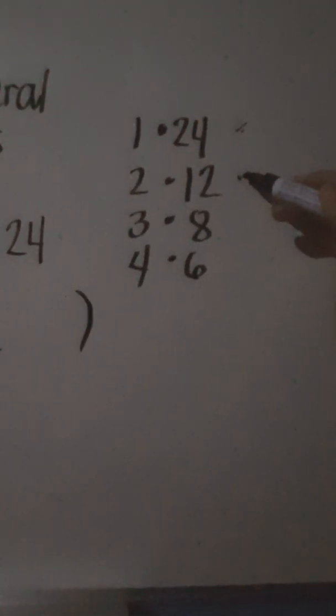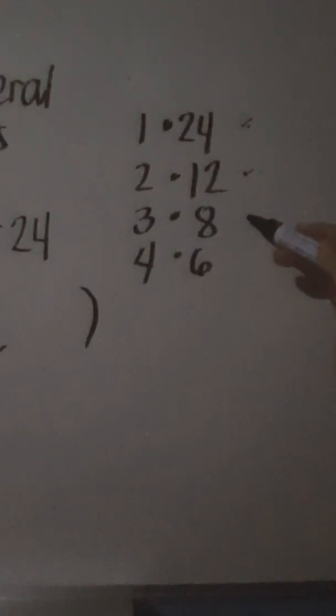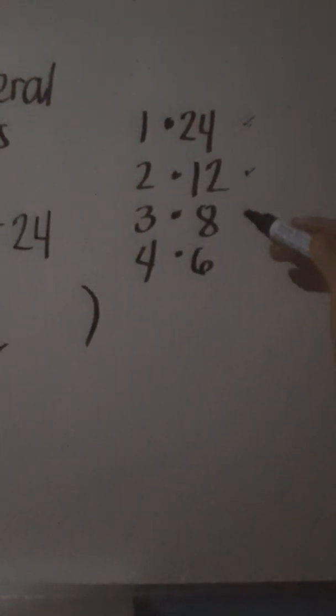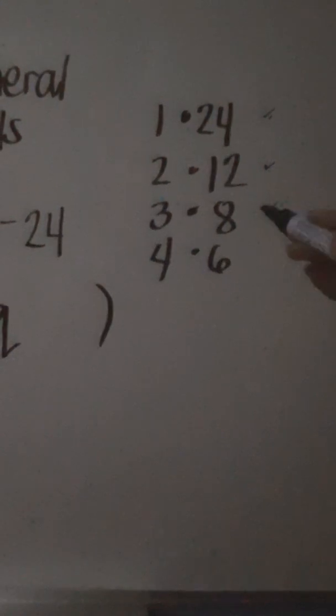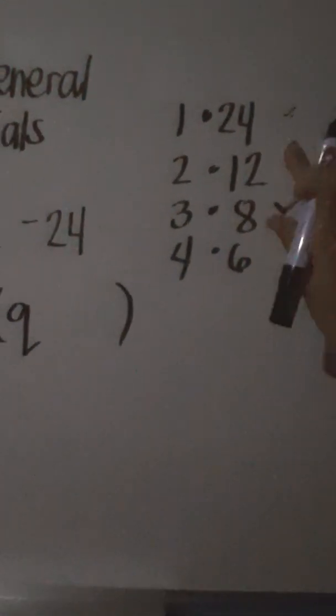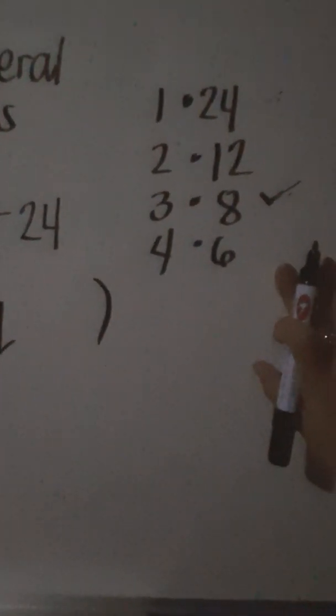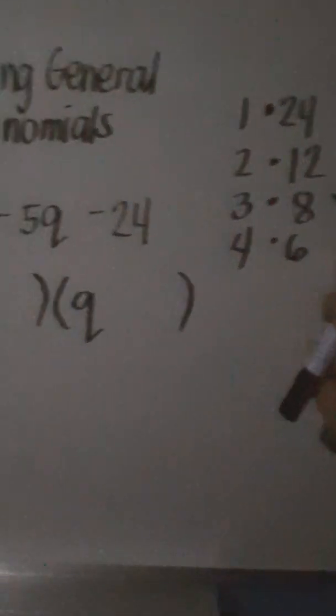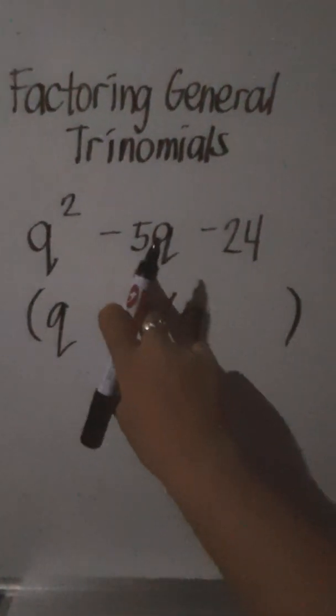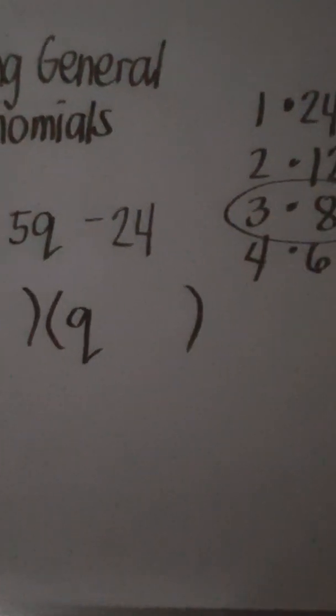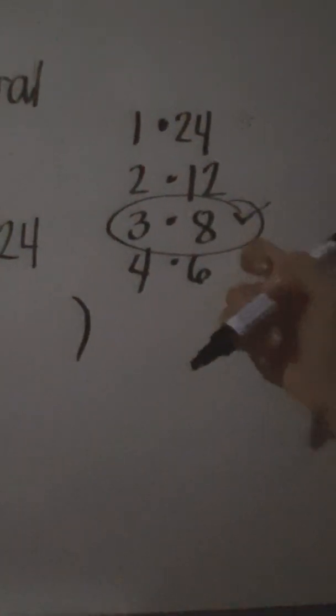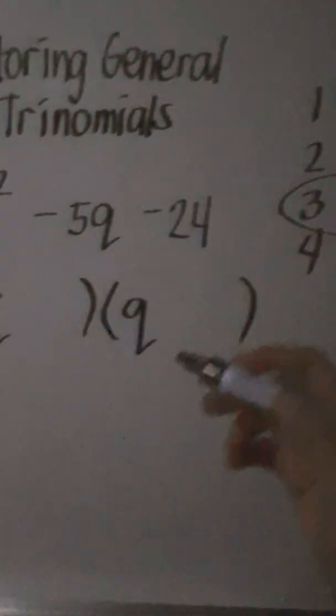If atong isubtract, kuha sa tag 10. Si 3 ug si 8, kung atong i-add, makakuha ta og 11, pero kung atong i-subtract, makakuha tag 5. So, kani siya pwede. Okay, si 4 ug si 6, kung atong i-add, makakuha tag 10, kung atong i-subtract, makakuha tag 2. So, since atong gipangita man is 5, therefore, 3 and 8 are the factors na dapat natong gamiton.